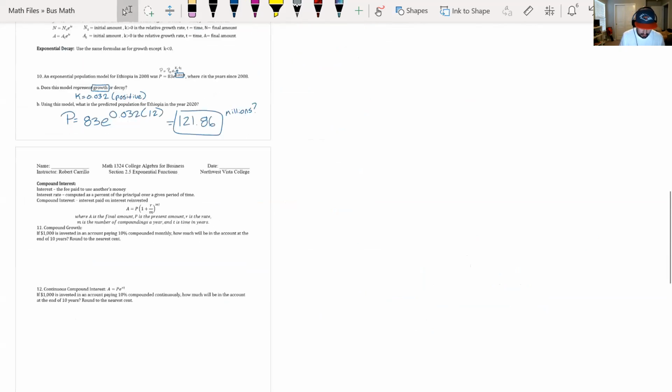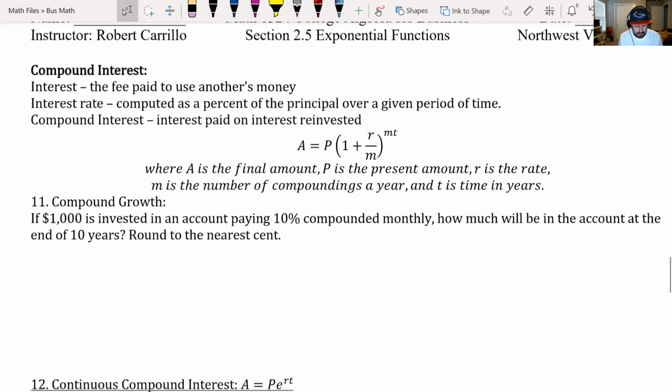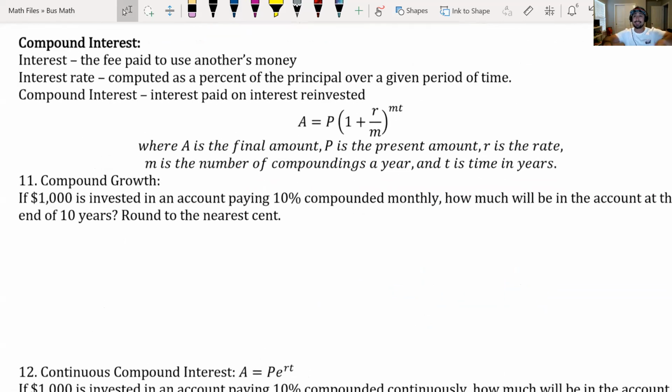Last page. Okay, here we get into some important concepts which are going to help lead us into chapter 3, which is heavy on calculations and knowing exponential functions and knowing logarithms. So logarithms are next after this lesson. Okay, so here we come across the compound interest formula.